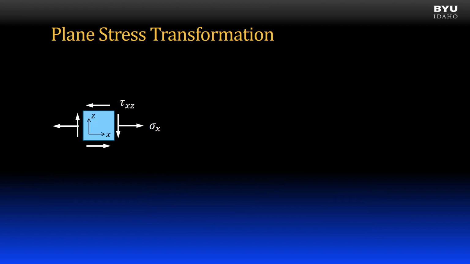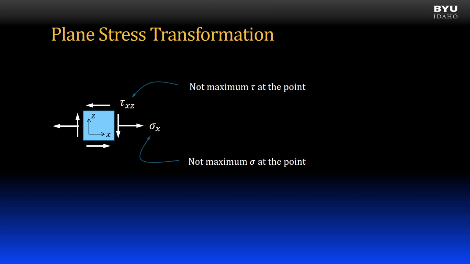For determining how near a material is to failure, we often want to find the maximum shear stress or maximum normal stress at the point. Because there is both normal stress and shear stress occurring simultaneously at this point, we can know that the value we found for shear stress is not the maximum value, and the value for normal stress is not the maximum value at this point.